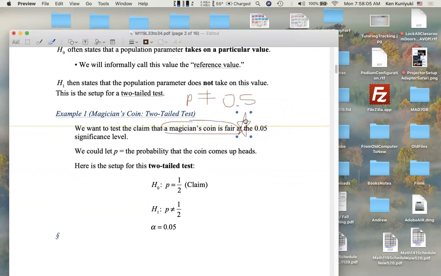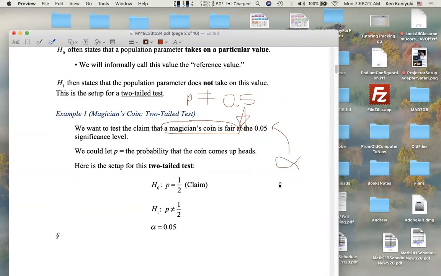It's a small claim. We want to test the claim that a magician's coin is fair. That's the claim, that's all it is, at the 0.05 significance level. So this here is, what's the symbol? Alpha. It's the first letter of the Greek alphabet.